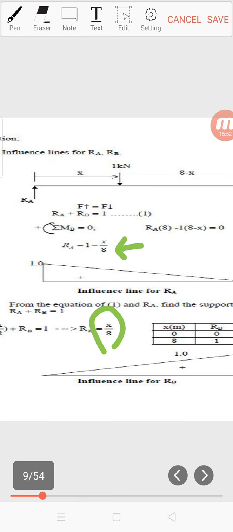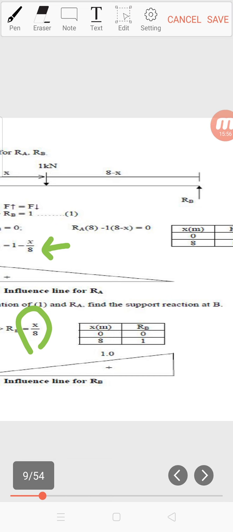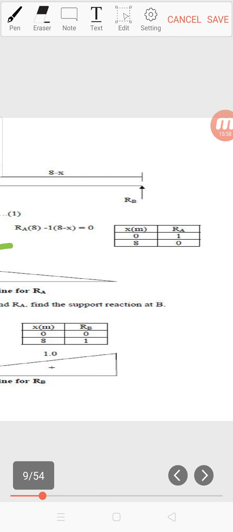Since we have RA and RB, we do the filling in the table just like example number 1 just now. But if you want to skip the steps, you want to draw a simple influence line, you just take x the minimum, which is 0, and x the maximum, which is 8.